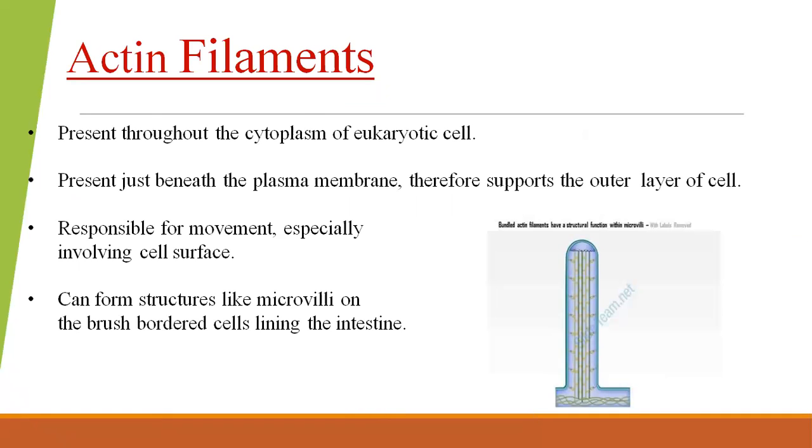Actin filaments are present throughout the cytoplasm of the eukaryotic cell, just beneath the plasma membrane, and therefore support the outer layer of the cell. They are responsible for movement, especially involving the cell surface. They can form structures like microvilli on the brush-bordered cells lining the intestine.